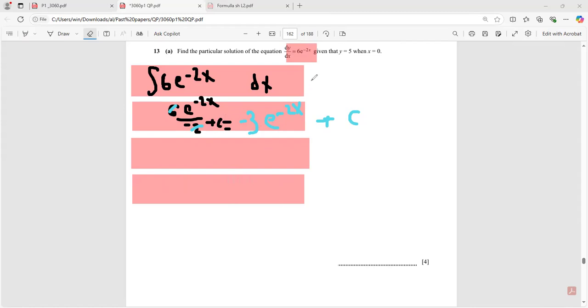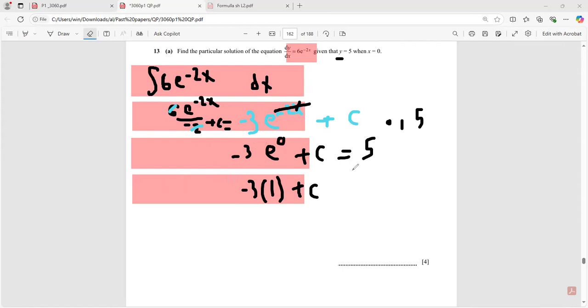So now we are going to apply the point x equals 0, y equals 5. So we put 0, so it will be e to the power 0, which equals 1, multiplied by -3. So -3 multiplied by 1 plus c, all that equals y, which is equal to 5.